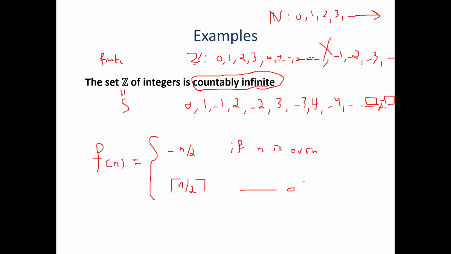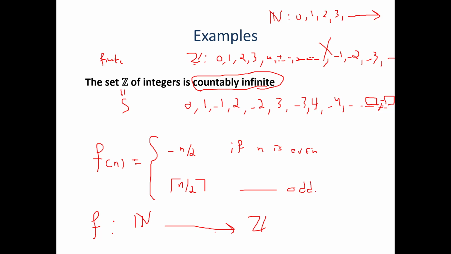Would this work? We just made a function, a mapping, that takes us from the set N to Z. Will this cover all the possibilities?